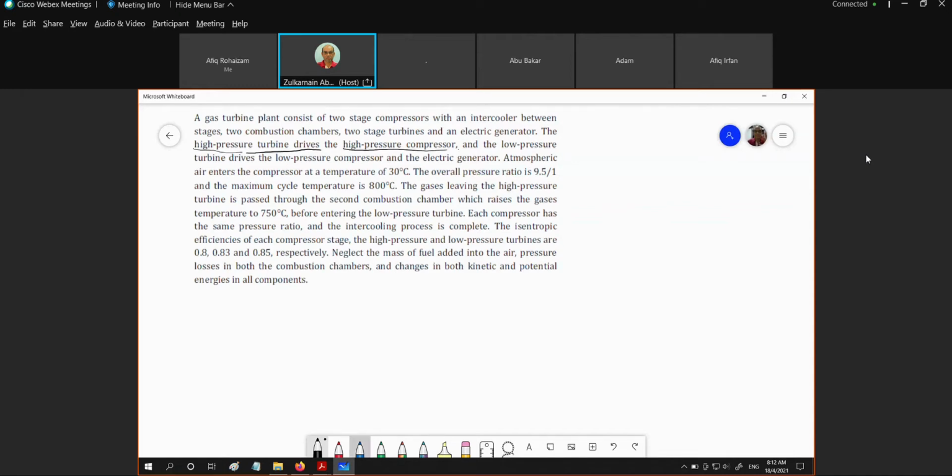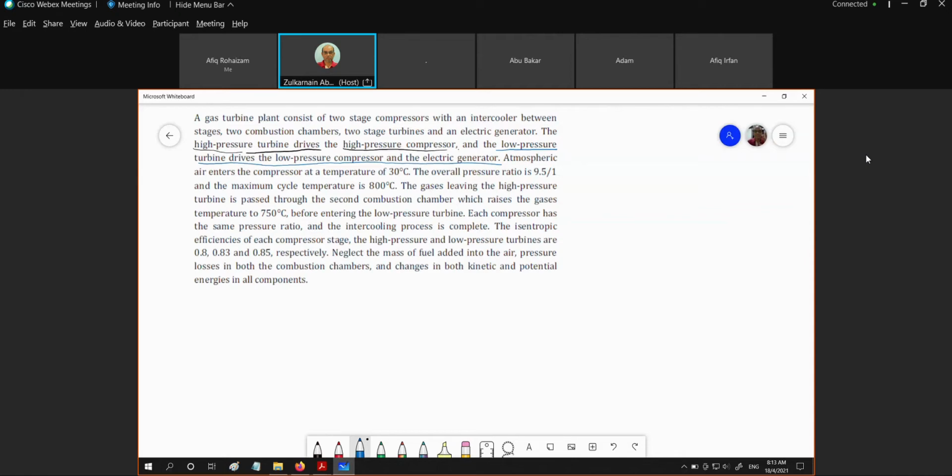And the next statement is about the low pressure turbine being said to drive the low pressure compressor and electric generator. So right now, what we could sketch is the two shafts. Which turbine drives which component?